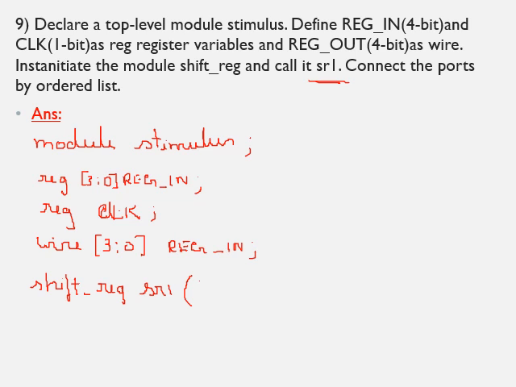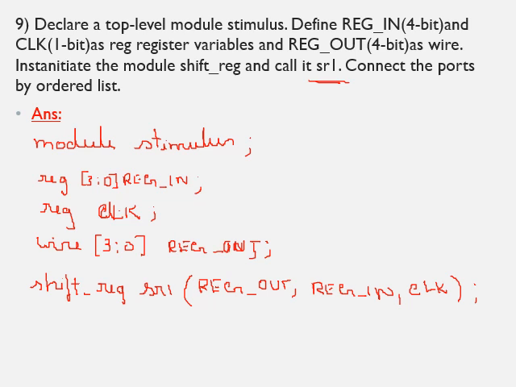So here the output port is register out and the input port is register in, followed by CLK, that is the single bit input port.